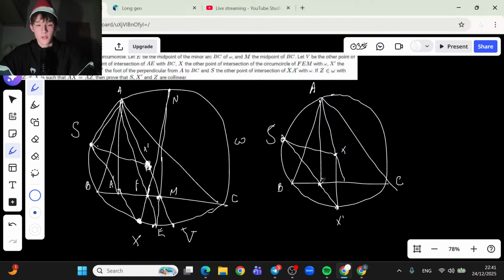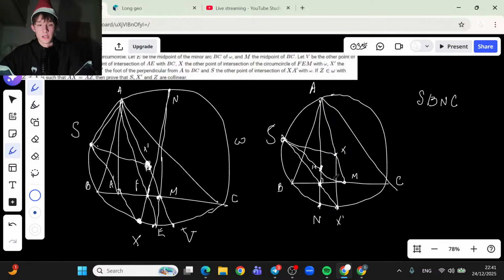And the way we do that is if I intersect here, point N, since A, B, X prime, C is harmonic, I project it through the foot of the height and I get that S, B, and C is harmonic. And this essentially means the reflection of N about BC will be the Humpty point of SBC, which means that it's the Q point. S is the Q point because H is the Humpty point for SBC.